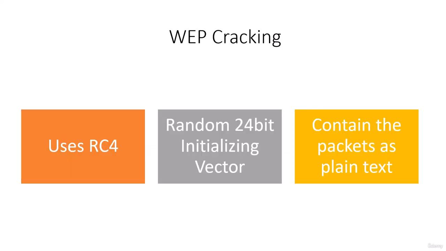The first encryption that we're going to talk about is WEP cracking, or breaking WEP. It's the oldest one and the easiest one to break, but we still need to learn how to break it, because you will see networks that still use it. WEP encryption uses an algorithm called RC4.